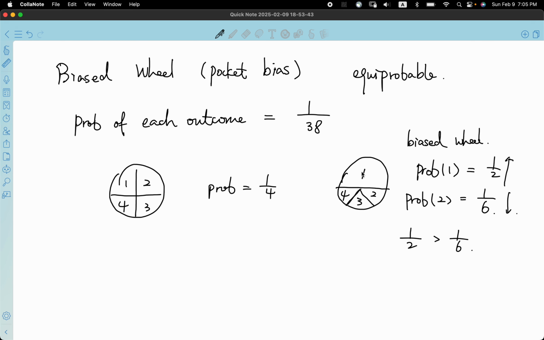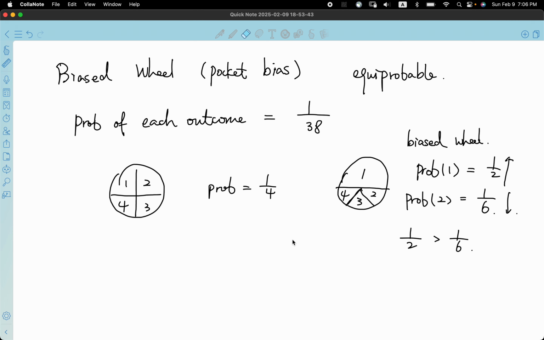Okay, so we are now going to consider the roulette with a bias associated with particular pockets. So, pocket bias.